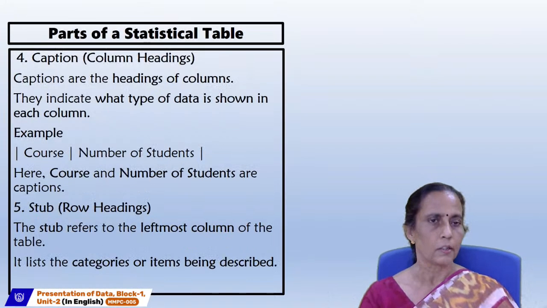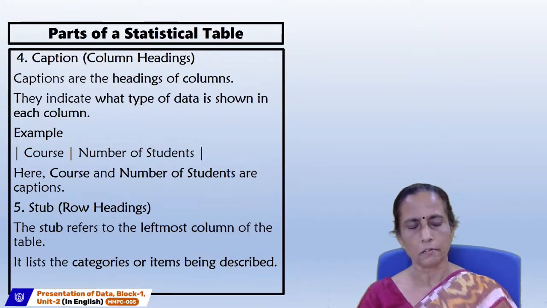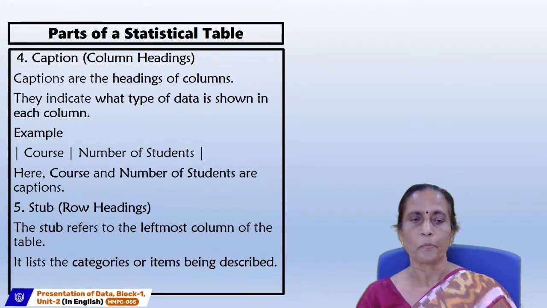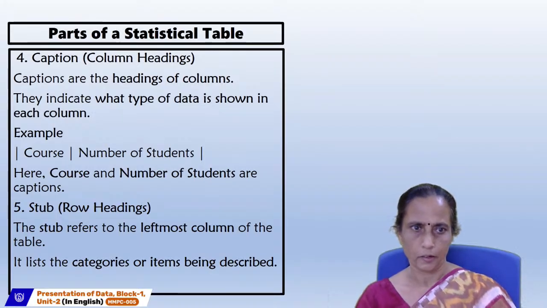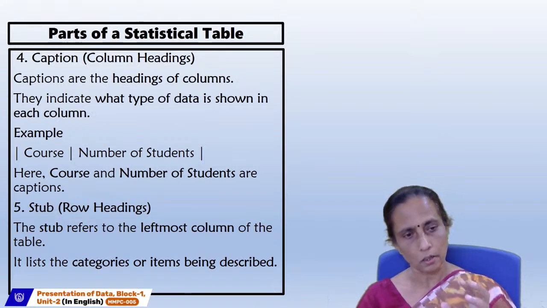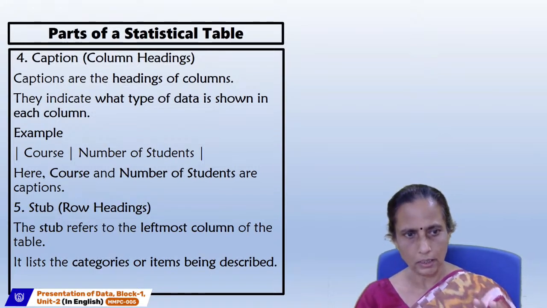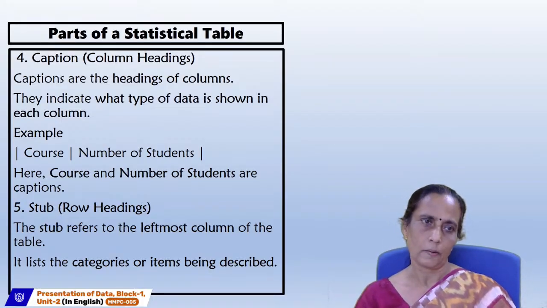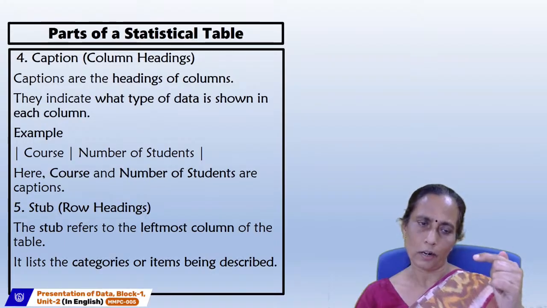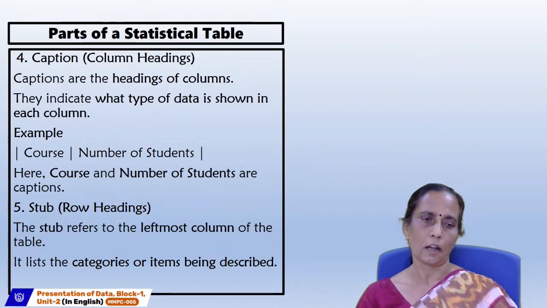Moving forward, next are your column headings, called captions. These are headings of your columns, and they indicate what type of data is shown in each column. Course and number of students here are the captions. The next item in your table is the stub. The column headings are called captions, and row headings are called stubs.